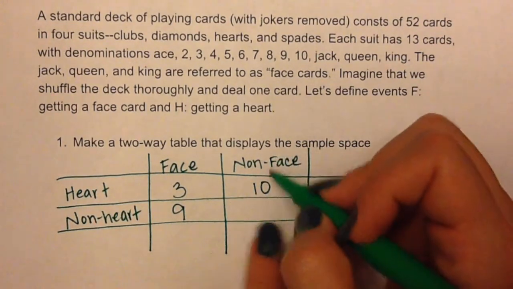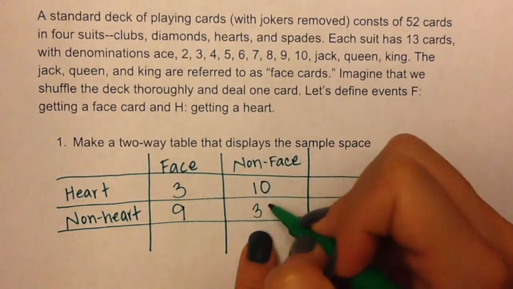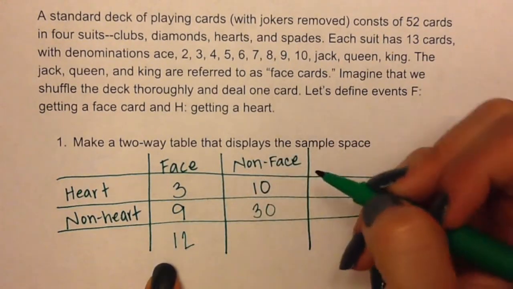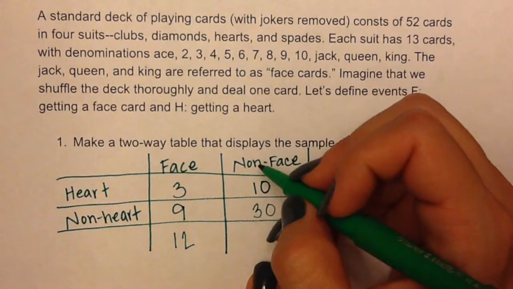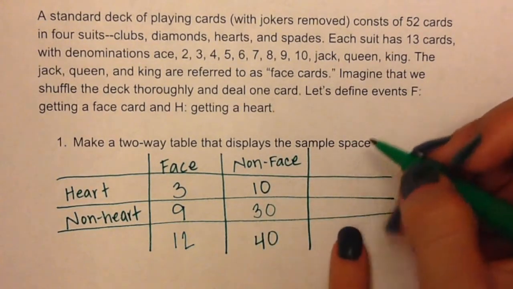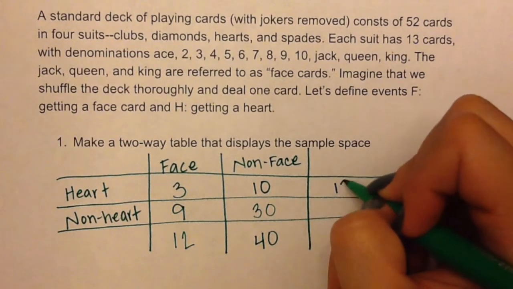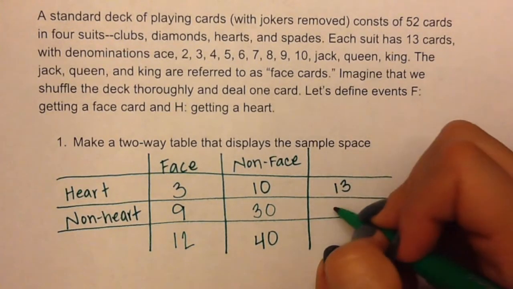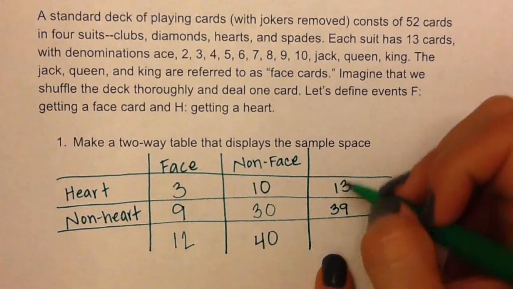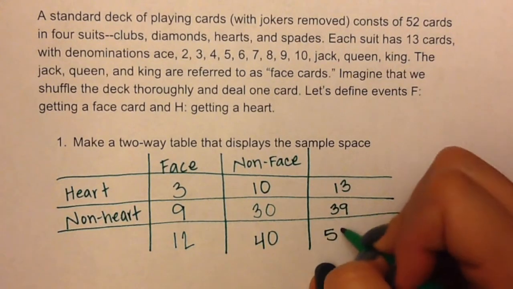And then same thing for the non-face cards. In total, we have 12 face cards. We have 40 non-face cards. We have a total of 13 hearts and 39 non-hearts, giving us our total of 52 cards in a deck.